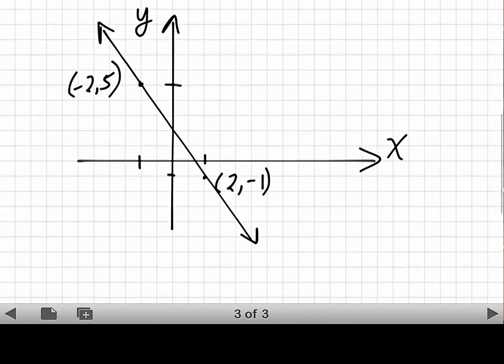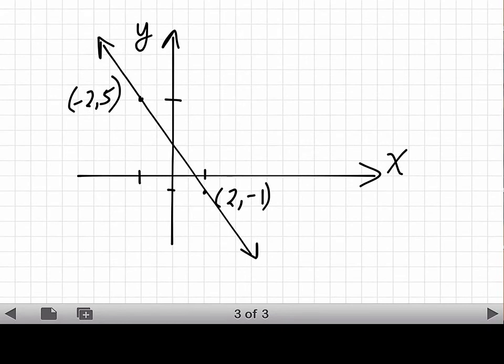Okay, so here I've plotted the 2 points, (-2, 5) and (2, -1), as well as the segment that connects them. And let's see, (-2, 5) was P, and (2, -1) was Q. And if we go from P to Q, then we're going from 5 to -1. That's a change in y that's negative.